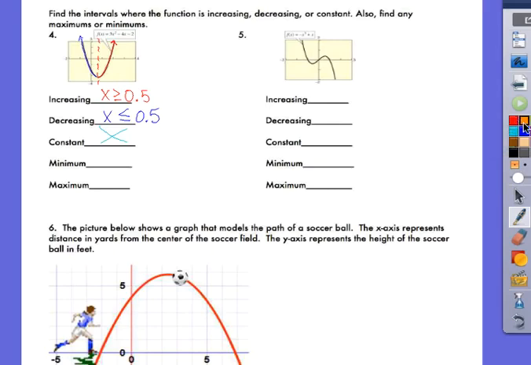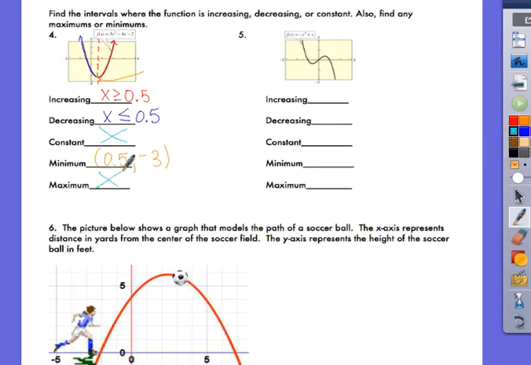Yes. Where x is 0.5 is a minimum. Now, let's see if we can write that as an ordered pair. So if x is 0.5, what is y? It looks like 3, doesn't it? About -3? Okay, so let's write that as an ordered pair. And then, are there any maximums? No maximums, so that one's done.